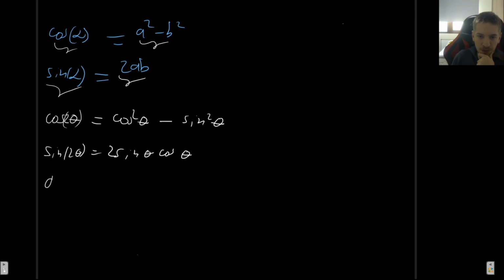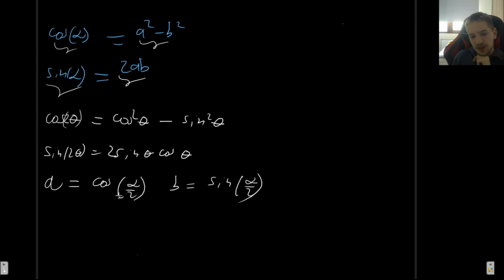So if we say that A is the cosine of half of alpha, and that B is the sine of half of alpha, then we can see that these equations indeed hold, because cosine squared minus sine squared is the cosine of 2 times this angle, but 2 times this angle is simply alpha. So with this, we actually found our constants A and B, which is, of course, something very useful.